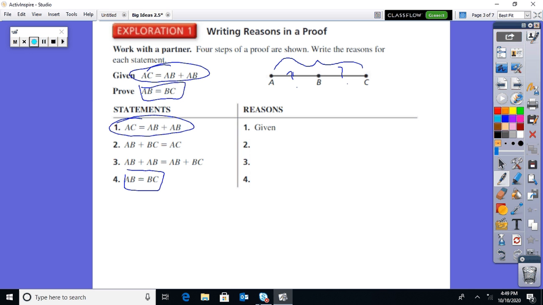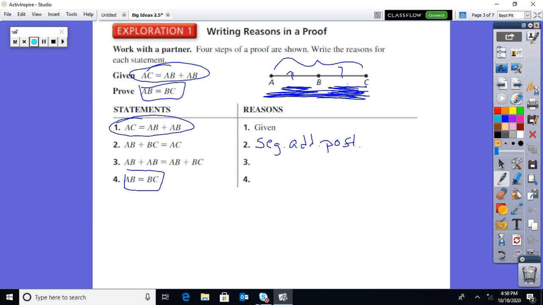All right, the second step comes at us with AB plus BC equals AC. Oh, well, what is that? What is that when we take one segment, add it to another to equal the whole entire thing? Well, I just kind of said it, right? When I'm adding segments, that is the segment addition postulate.